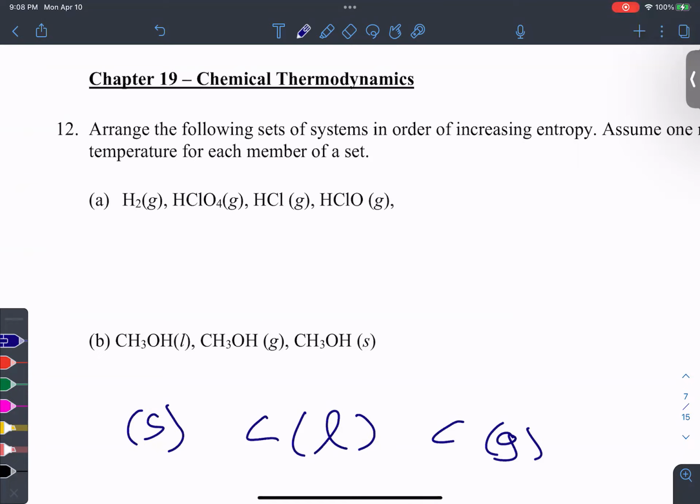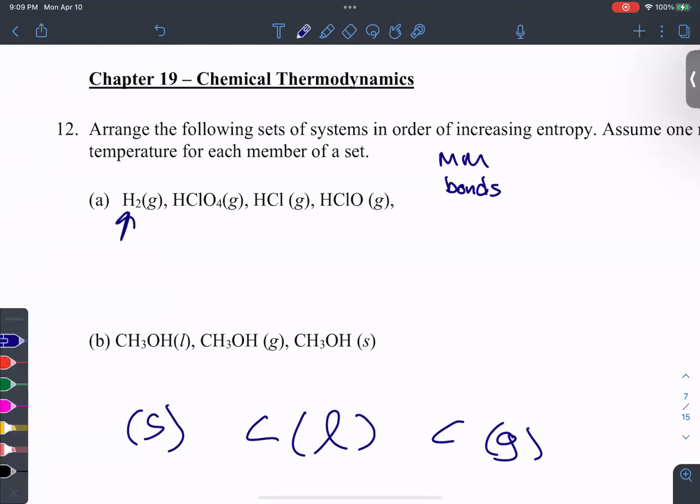But if we look at part A, we have a whole bunch of different compounds here. Other than states, what you want to look at is things like molar mass of your compound. Also, you want to look at number of bonds, right? All of these samples are in the gas phase, so if you have 1 mole of each of those gases, the particles themselves can be in the same number of positions in a certain volume.